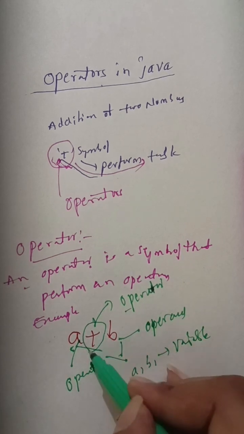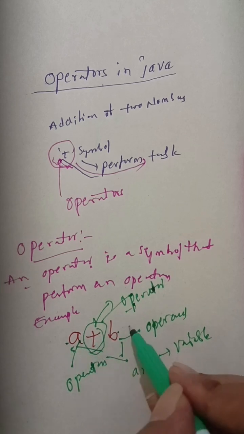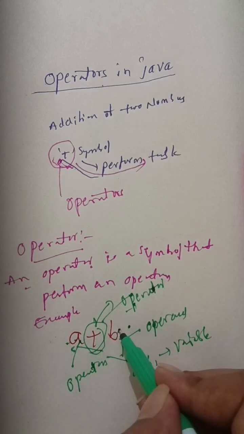The plus is called the operator. The operator performs on the two operands. An operator is a symbol that performs some operations.